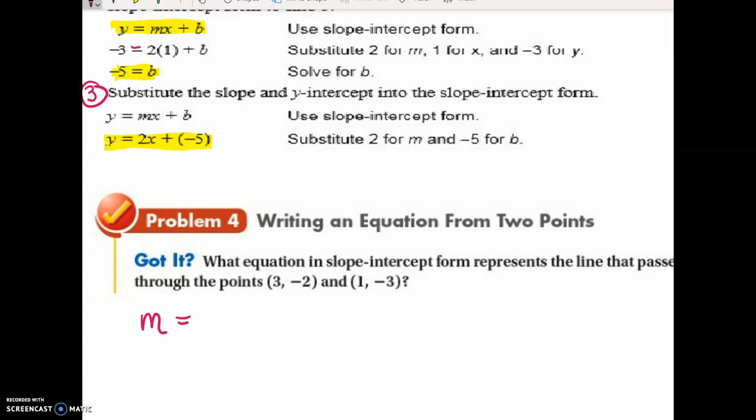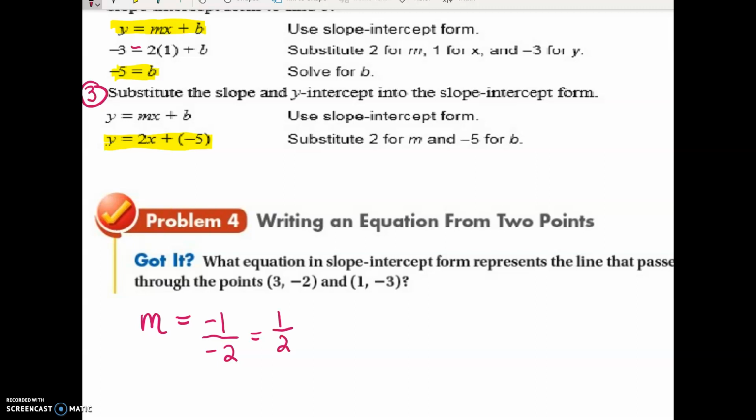For our slope, we want to ask, what's the change in y over the change in x? Our change in y looks like it's going down by 1, and our change in x looks like it's going down by 2. So our slope is going to be 1/2. That is our step 1.